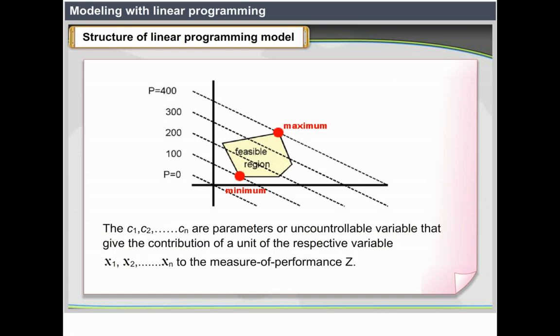The C1, C2, etc., Cn are parameters or controllable variables that give the contribution of a unit of the respective variable x1, x2, etc., xn to the measure of performance Z.